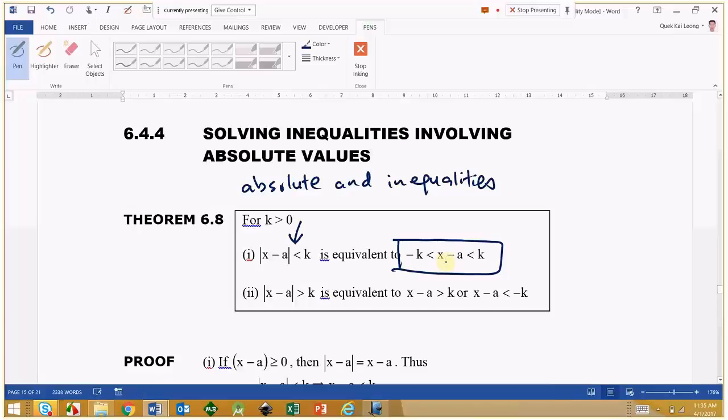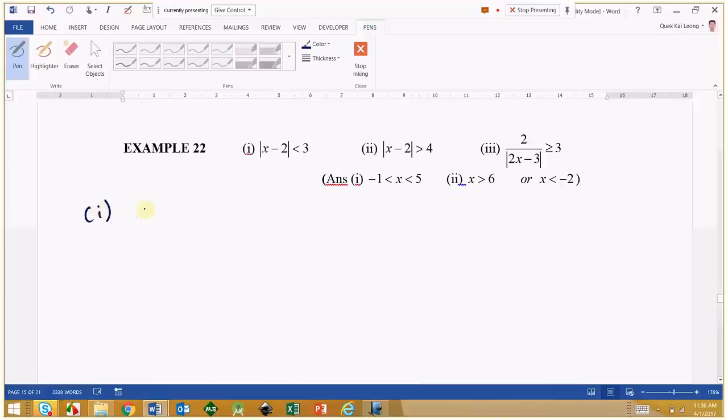Again, absolute x minus a is less than k. If you remove the absolute sign, the x minus a is between minus k and k. Maybe I do one example on this: absolute x minus 2 is less than 3.